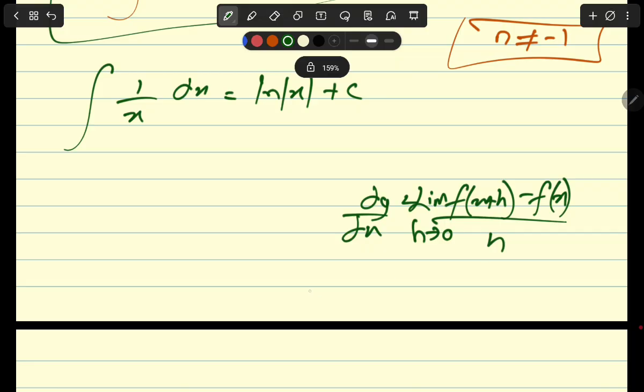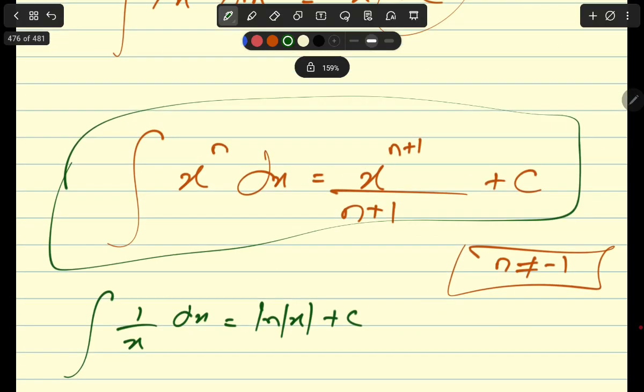We did this. This gave us the rule that d by dx of x to the power of n is nothing but n multiplied by x to the power of n minus 1. So the antiderivative of this is this right here, right?